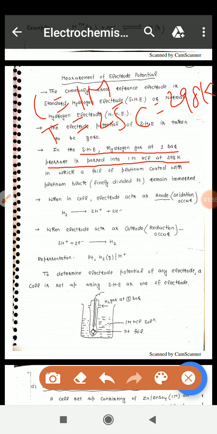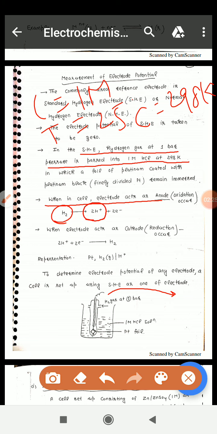The main feature of this electrode is that hydrogen undergoes oxidation as well as reduction depending on the other metal. If this cell acts as the anode, then hydrogen gas participates in the reaction: H2 loses electrons and is converted into H+ ion.